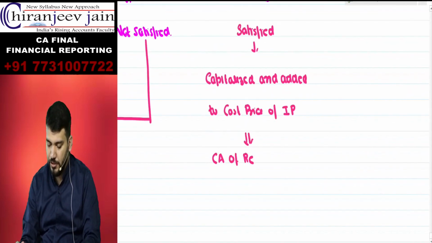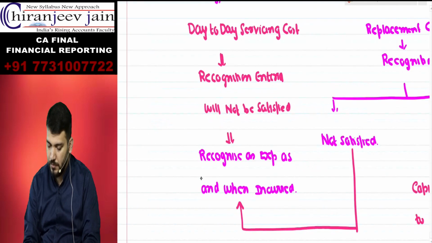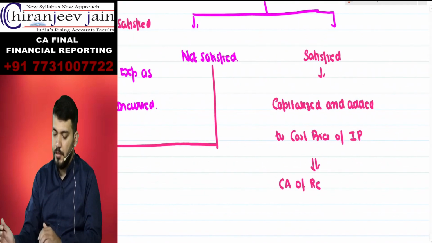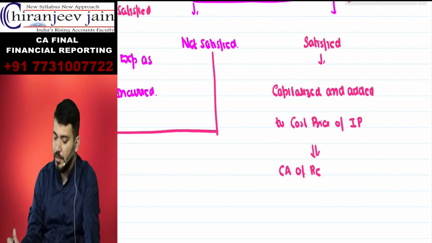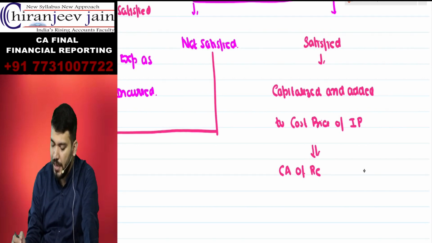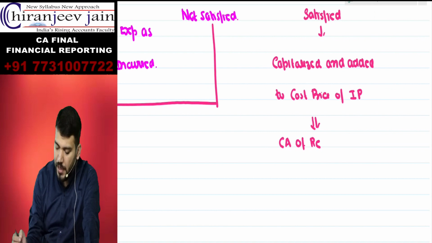Written this much. If the recognition criteria is not satisfied, charge to P&L account as an expense immediately. If satisfied, it is capitalized and added to the cost price of the asset.